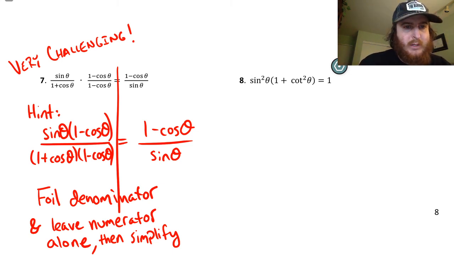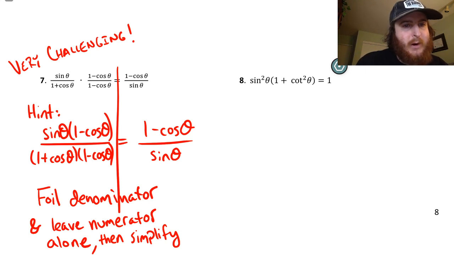What you're going to want to do is, and the reason I'm starting you off is I said in the last video, you always want to leave the denominator alone and simplify the numerator. That's whenever we're simplifying. But this is not simplifying so much as it's like a puzzle of how do we get the left side to look like the right side. So in this case, the best way to do that is actually to FOIL out the denominator.